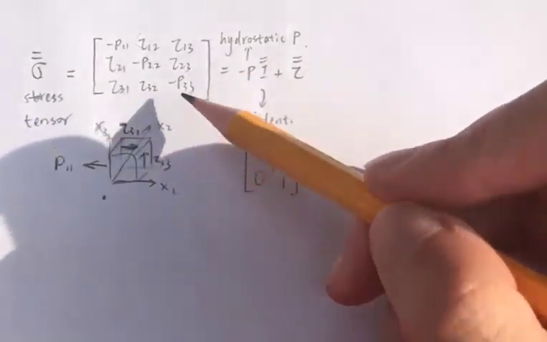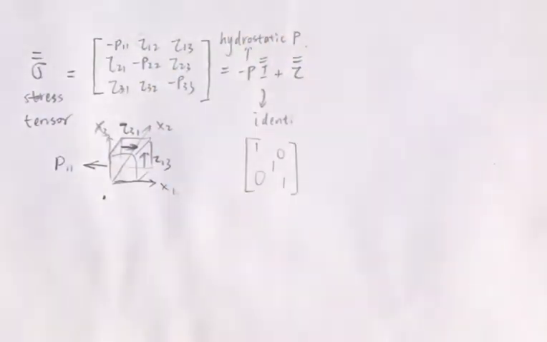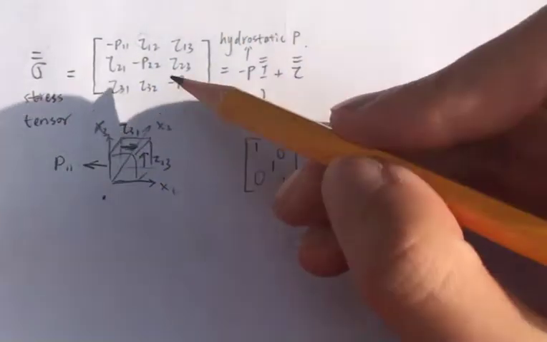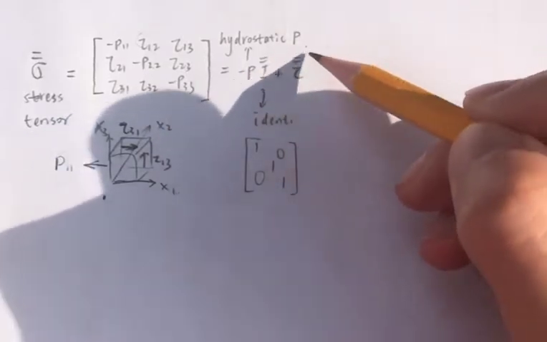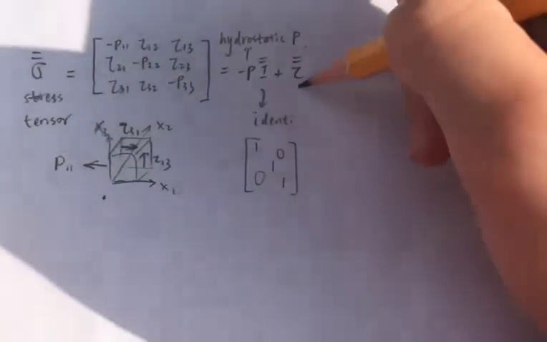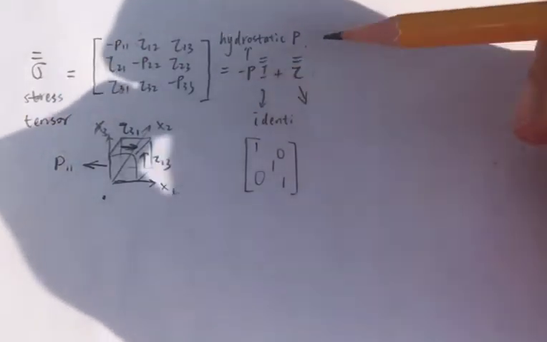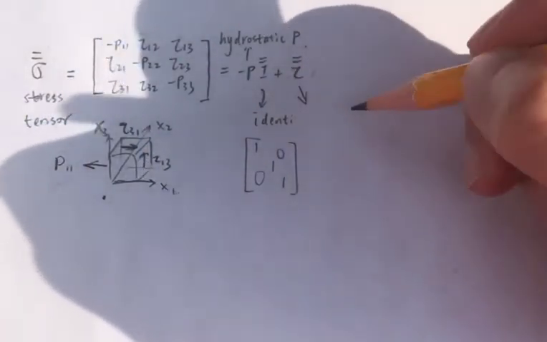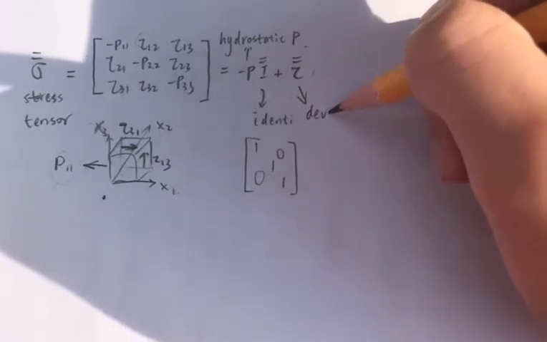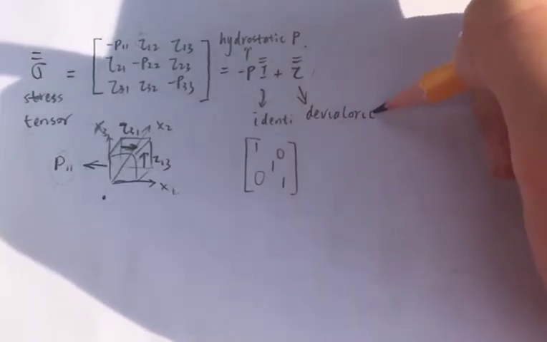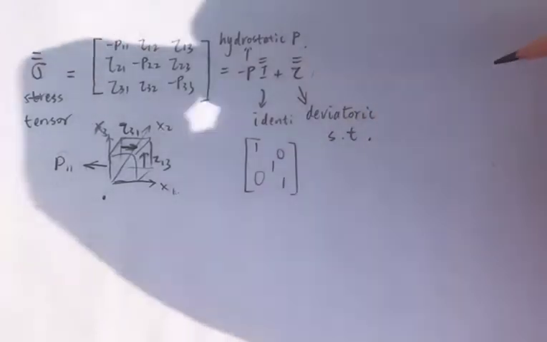So we know that in this case, the fluid may be moving, right? But we extract the hydrostatic case from it, and we are left with the effect from the movement, right? So this part is like how we deviated from the hydrostatic case. So this part we'll call the deviatoric stress tensor.